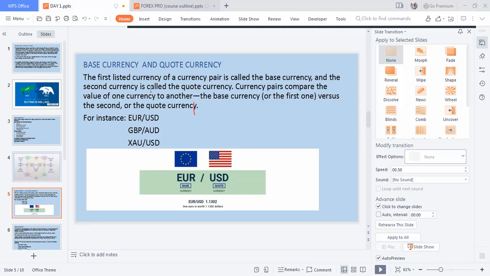Look at the third one, XAU USD. For those that did chemistry in school, I'm not intimidating here, please. I'm just saying what I know. In chemistry, the symbol of gold is AU. And the symbol of silver is AG.